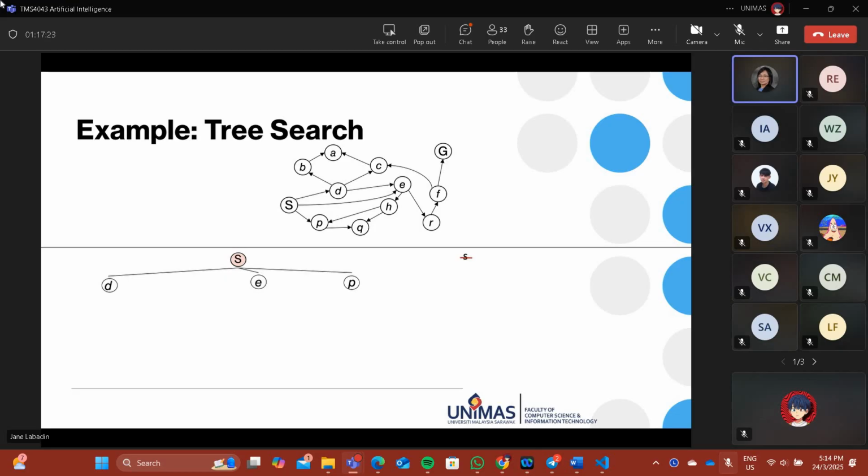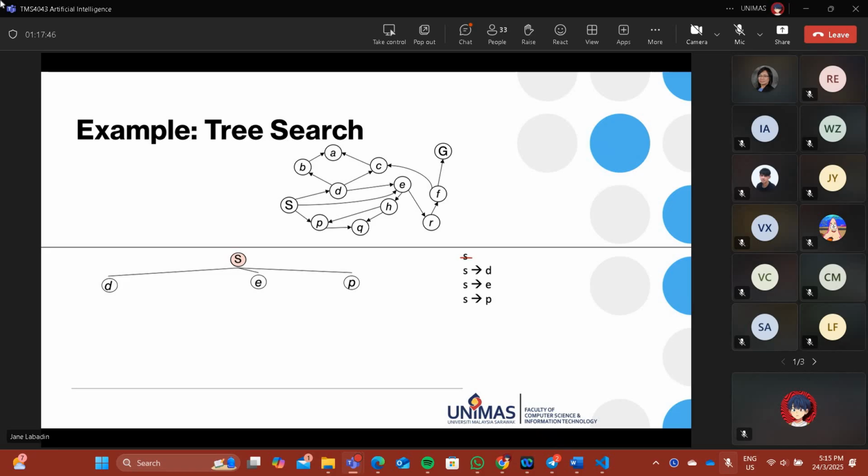So you have already moved away from your initial state. That's why I cancel out S. Then you can either go to SD, that's your path next, or SE or SP.